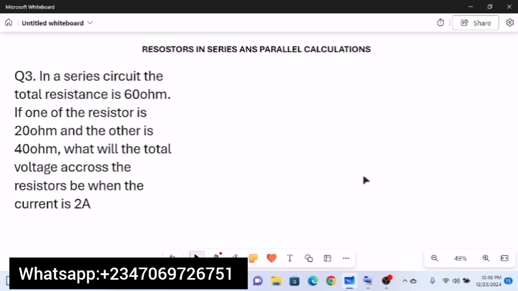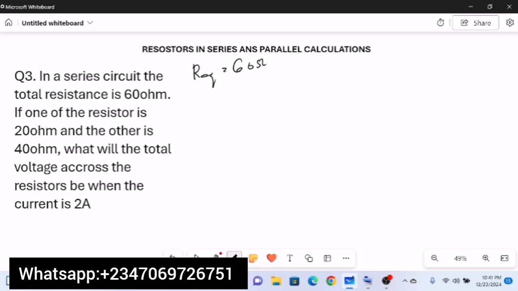But something is very peculiar here. You were given that in a series circuit, the total resistance is 60 ohms. So that means our equivalent resistance, R equivalent, is already given to us to be what? 60 ohms. Now they further went ahead to say, if one of the resistors is 20 ohms and the other is 40 ohms. So remember, you're given two resistors here.